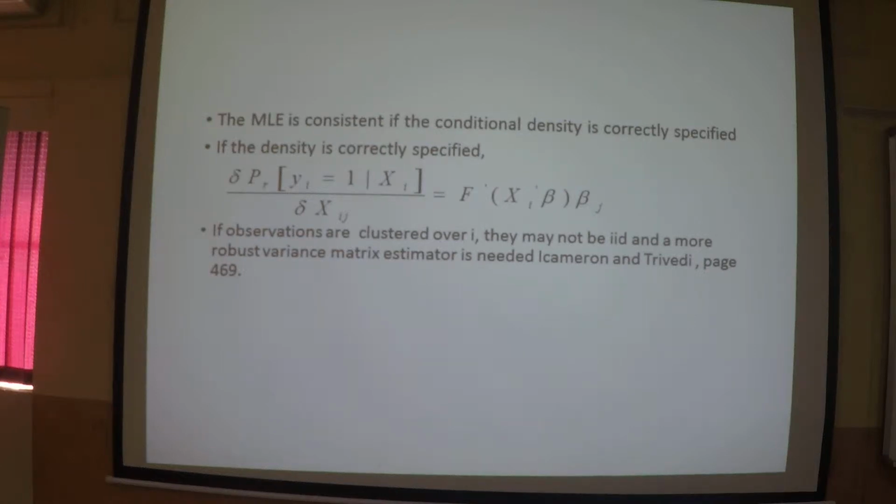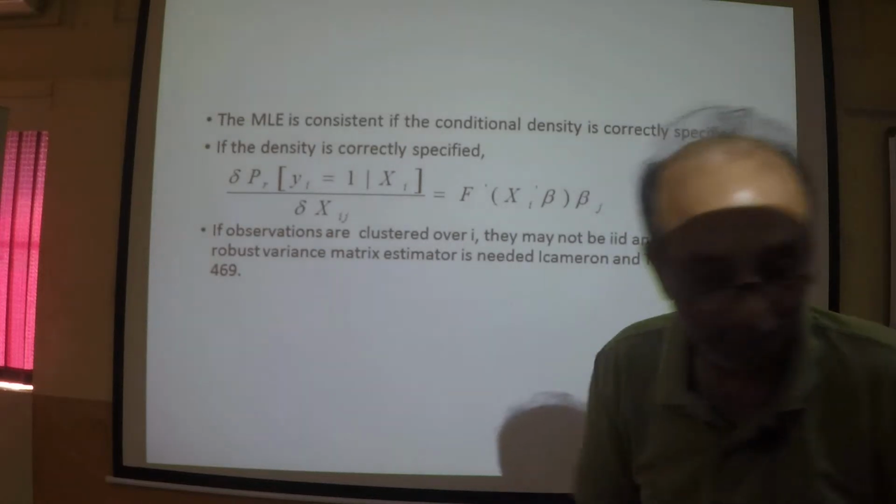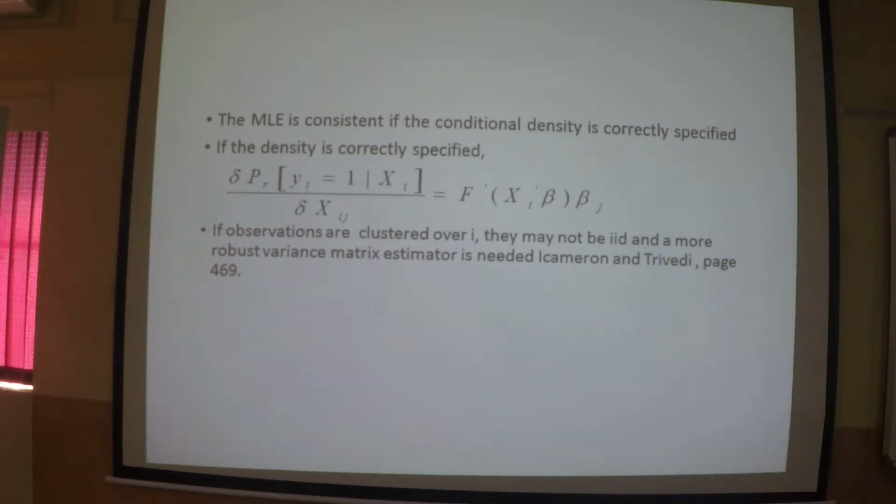Probability y is equal to 1 given xi, thereby the effect of xij is f dash of xi beta into beta j by the chain rule. This is a very important point which you must always keep in mind.